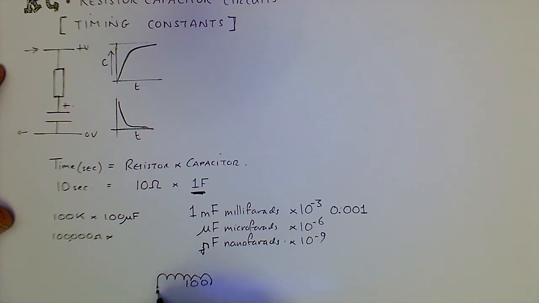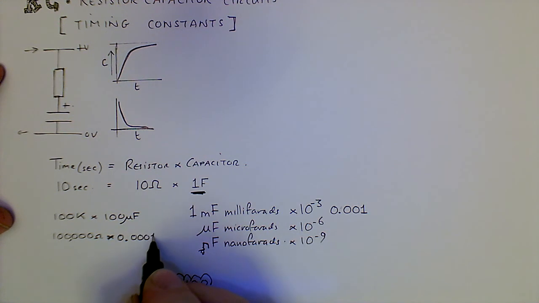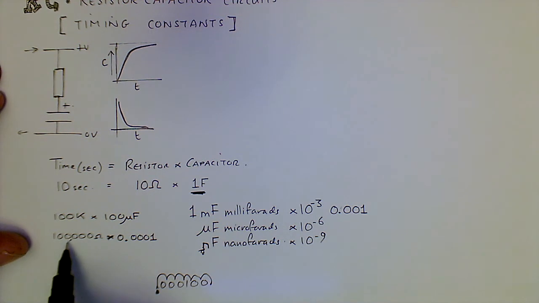That's where the decimal point goes. There's a naught, there's a naught, there's a naught. So effectively, that's 0.0001. So you've got 100,000 times 0.0001.